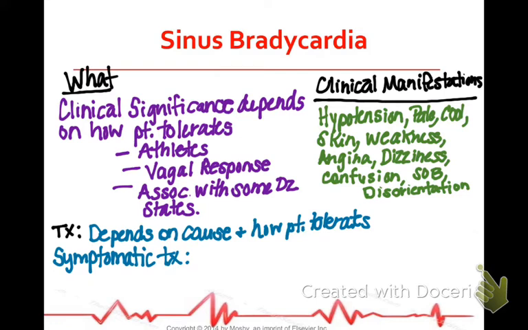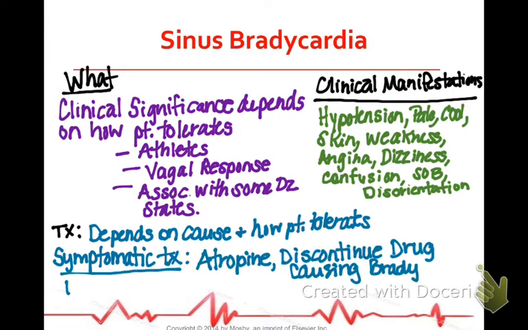So you're going to see some side effects. As far as treatment, that depends on the cause and how the patient tolerates it. So symptomatic, which would mean what? Showing signs. They're dizzy, they're hypotensive, they're pale. If they are symptomatic, we are going to give them atropine.